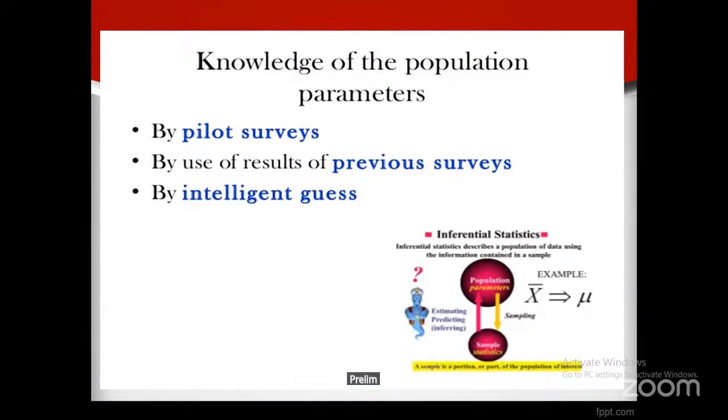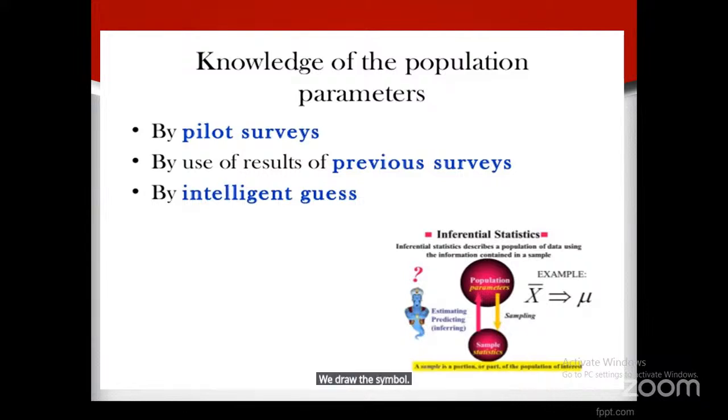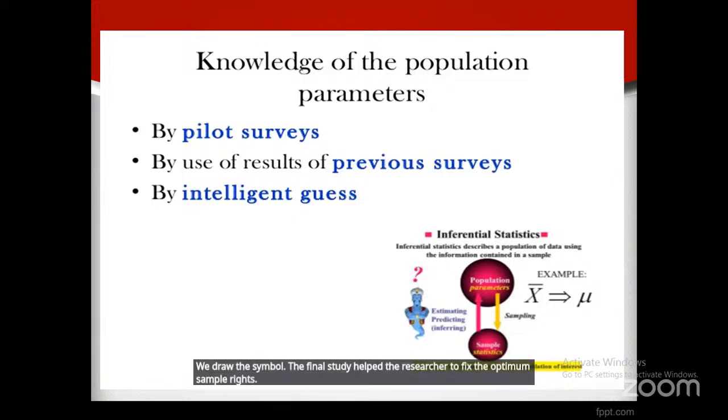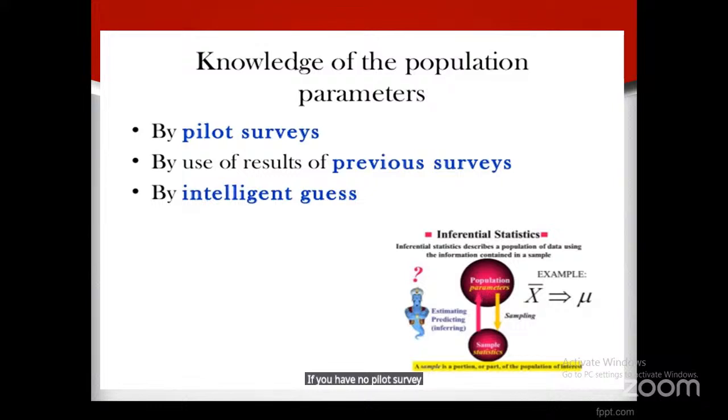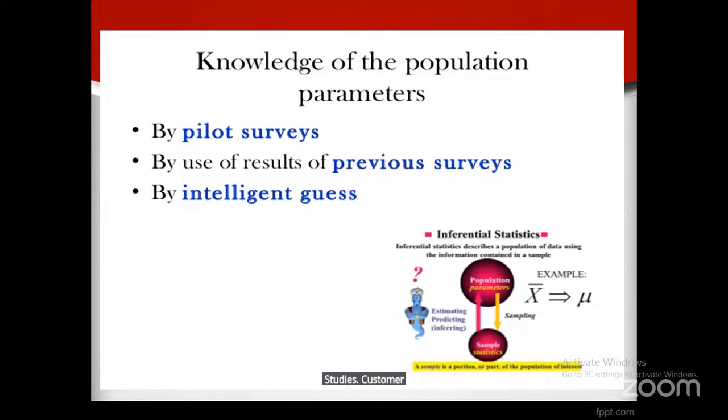Preliminary study must be there, which indicates the characteristic behavior of the population from where we draw the sample. The pilot study helps the researcher to fix the optimum sample size. If you have no pilot survey or pilot study, definitely you can rely on previous studies. Customer satisfaction of State Bank of India in Karnataka. Customer satisfaction of State Bank of India in Kerala.